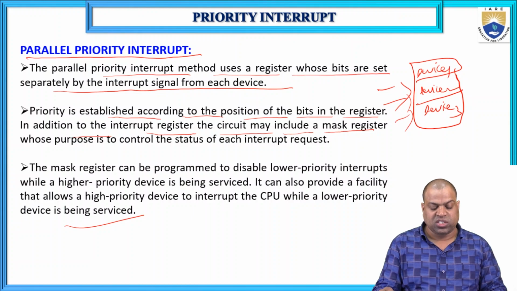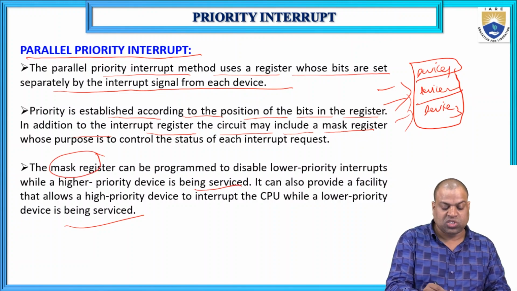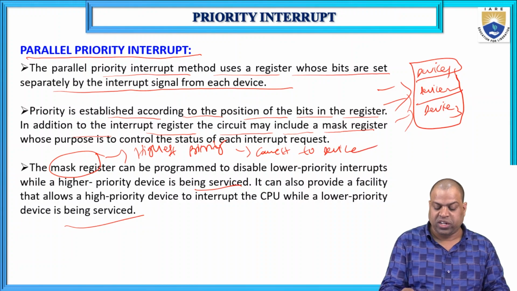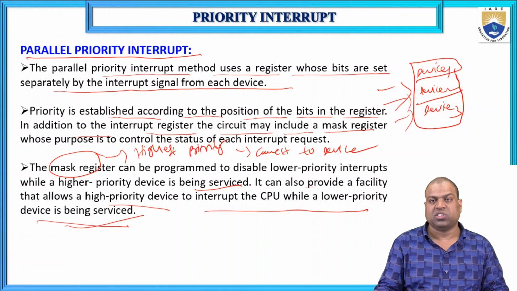The mask register can be programmed to disable lower priority interrupts while a higher priority device is being serviced. So the mask will identify which one is the highest priority. It will decide and connect to that device. And the lowest priority one will be connected last, and allow the lower priority device to be serviced.